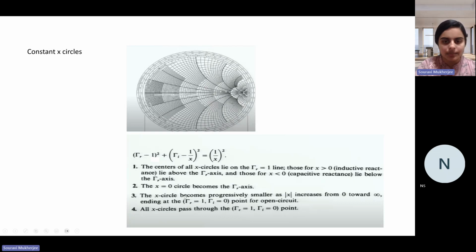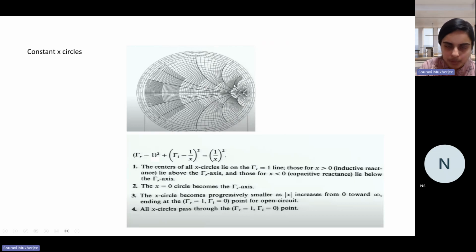And then X becomes progressively smaller as you move from 0 to infinity, and all X circles pass through this point, as you can see from the figure of the Smith chart. So these are the characteristics of your constant X circles.